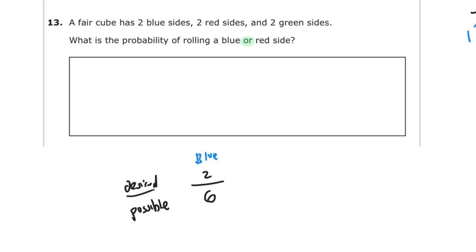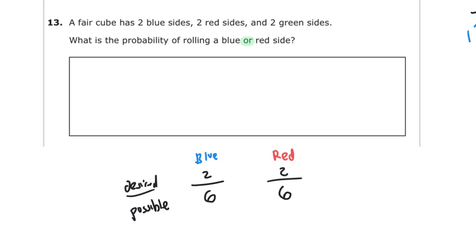And when it comes to the probability of rolling a red side, my student watching understands that it will be the same number on the bottom, because there are six possible outcomes. And of those six, how many include red? That will also be two.